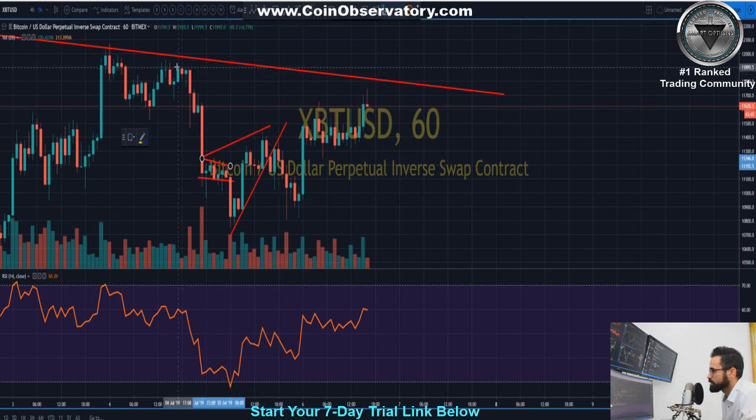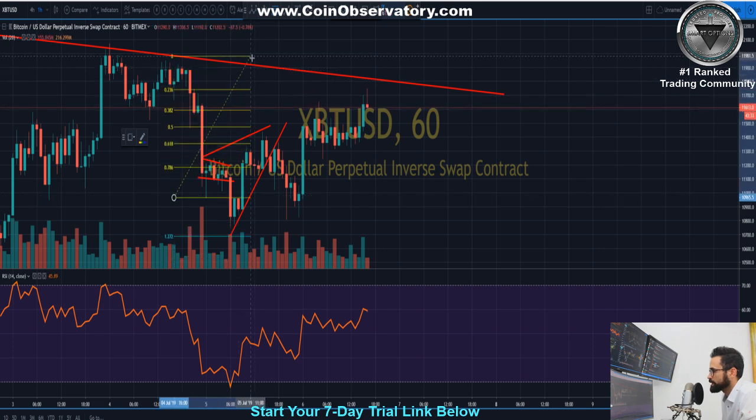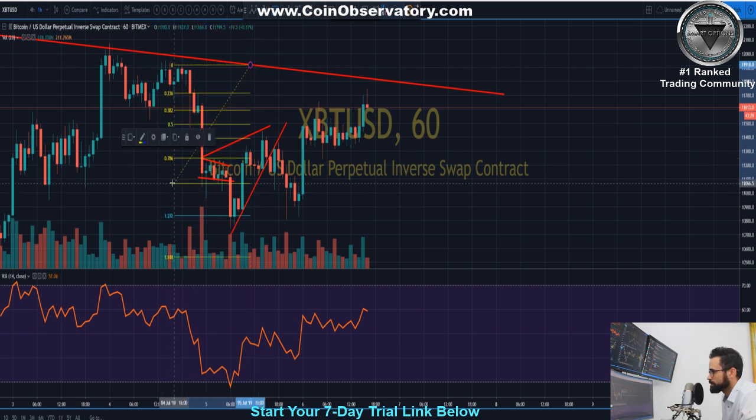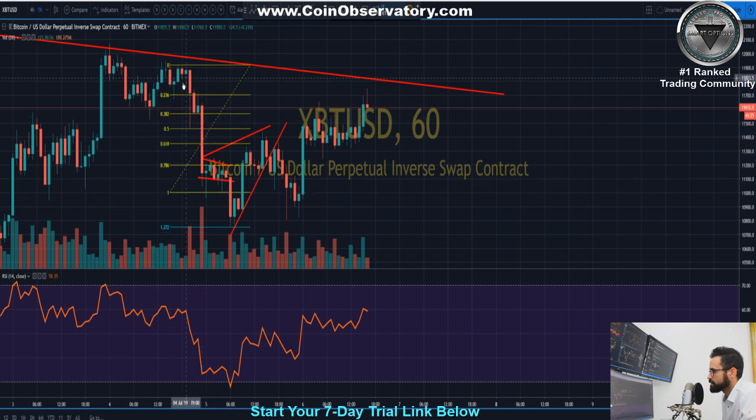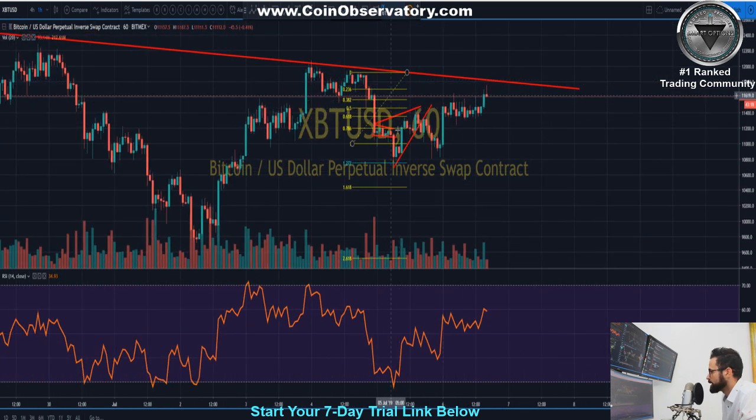Well, if we were to go to that last swing high, you start here at this wick, and we go to that last swing high. Maybe I did this one off candles. So we pick a swing high, come down to a swing low. We see that 1.272 rejection here, and it kind of held, right?